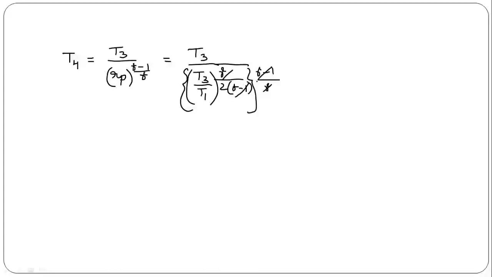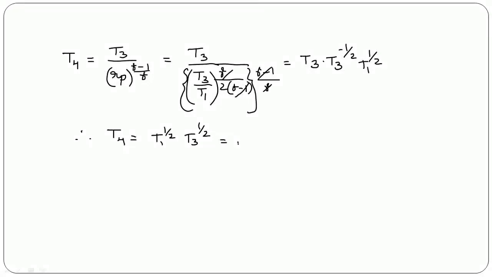So these two will get cancelled. So from this we can write T3 into T3 power minus 1 by 2 T1 power 1 by 2. So therefore T4 will be equal to T1 power 1 by 2 T3 power 1 by 2, or under root of T1 T3.